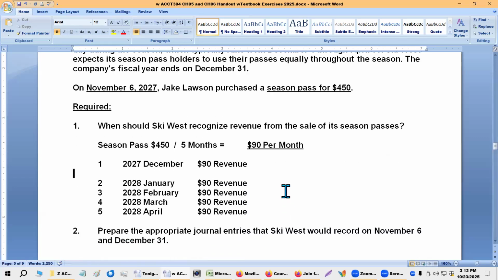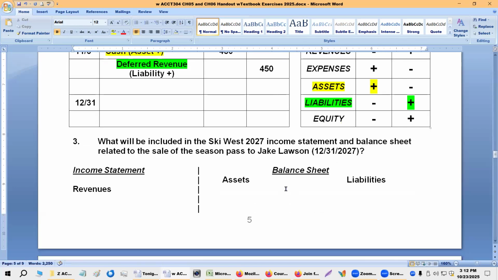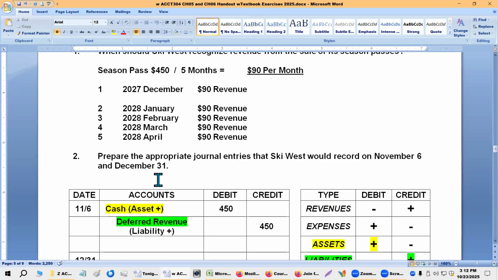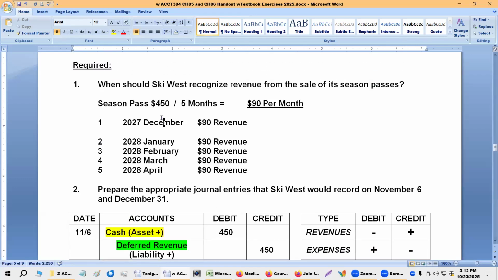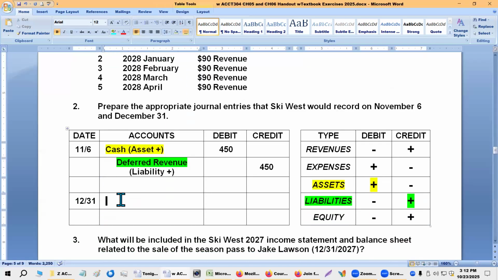Okay, so coming down to this, it's at the end of December. We've earned $90 of this revenue. So we're going to take off the deferred revenue $90, and it's going to become just plain old revenue.